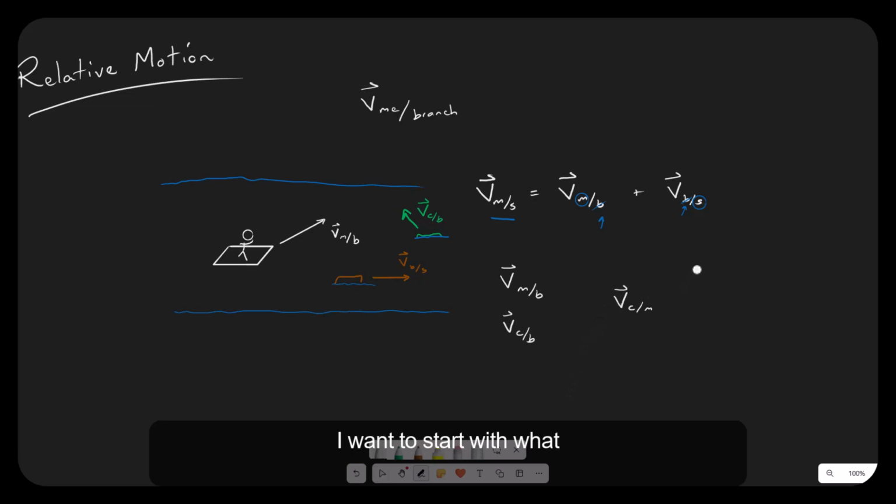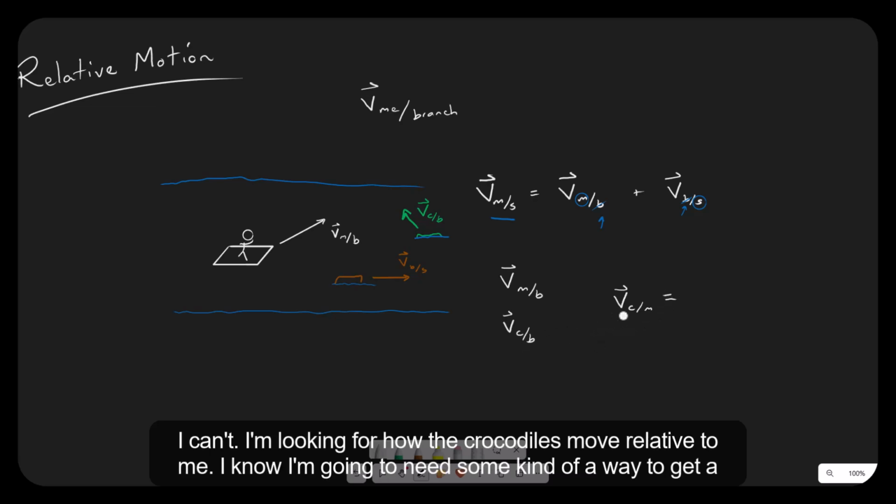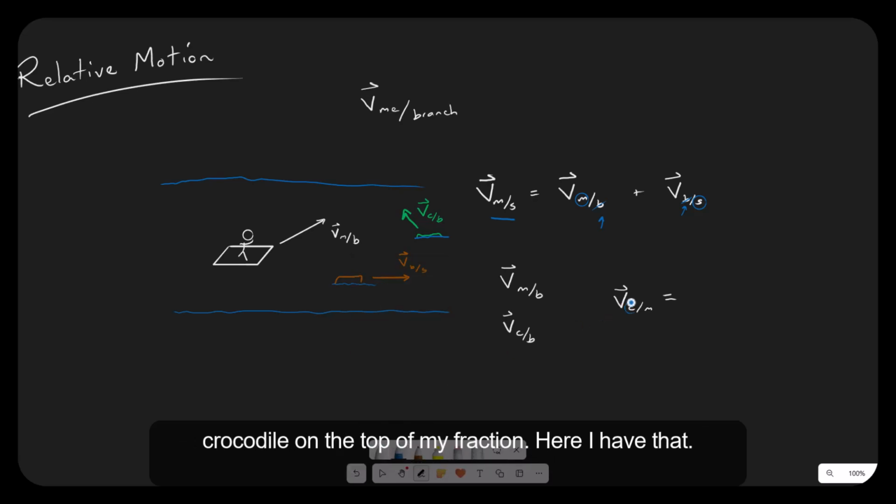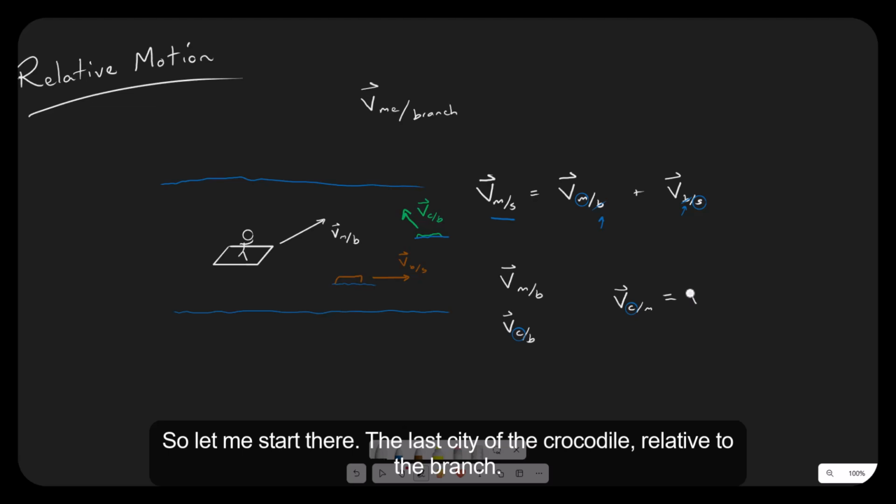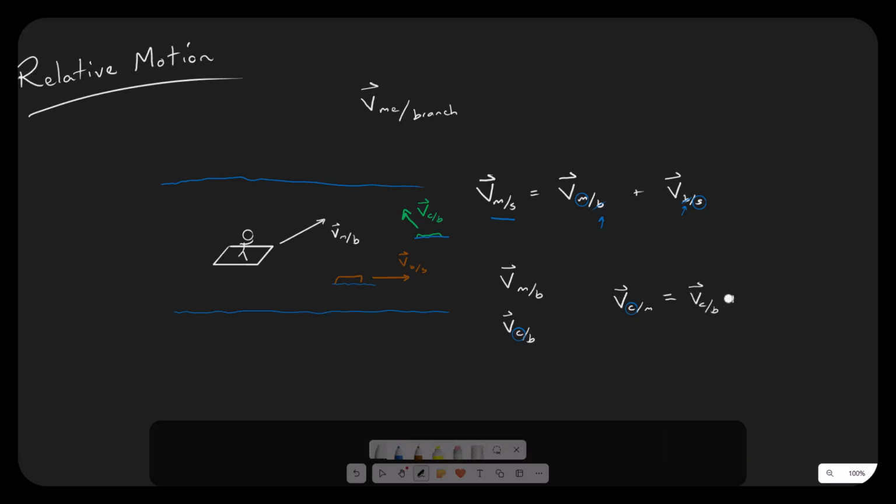I want to start with what I can. I'm looking for how the crocodile is moving relative to me. I know I'm going to need some kind of a way to get crocodile on the top of my fraction, and here I have that. So let me start there. Velocity of the crocodile relative to the branch. I need to add something to this.